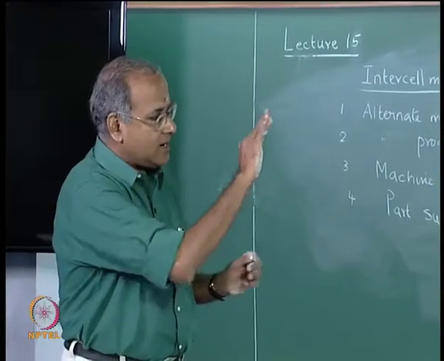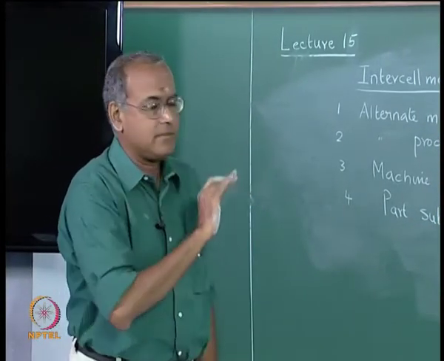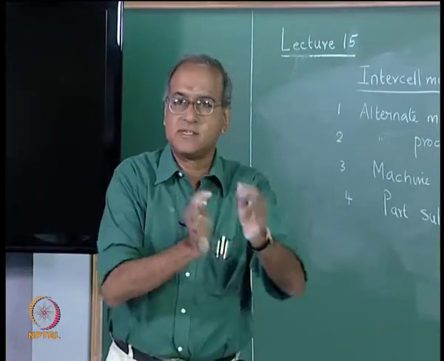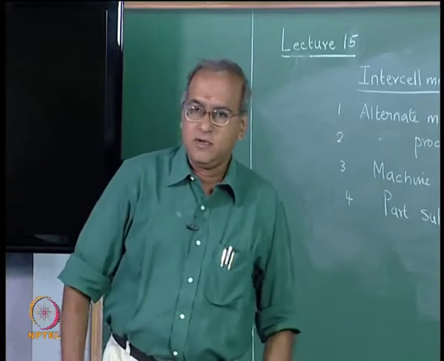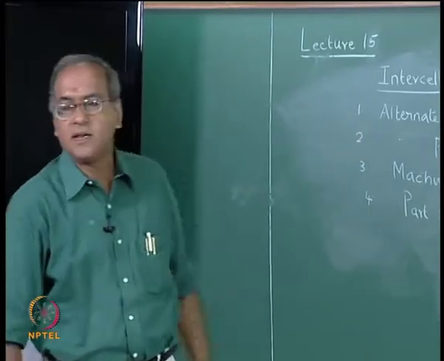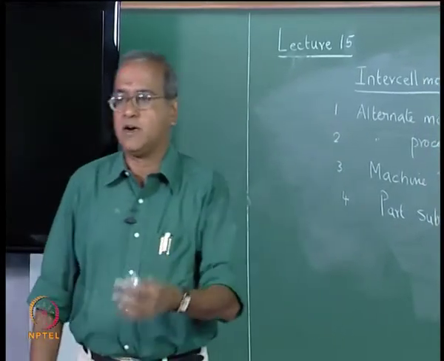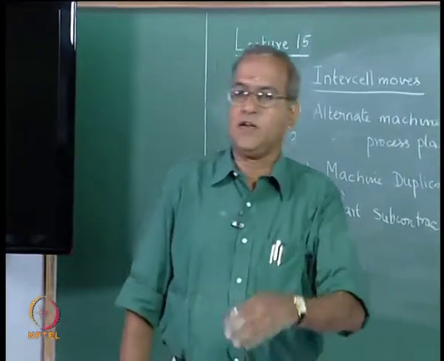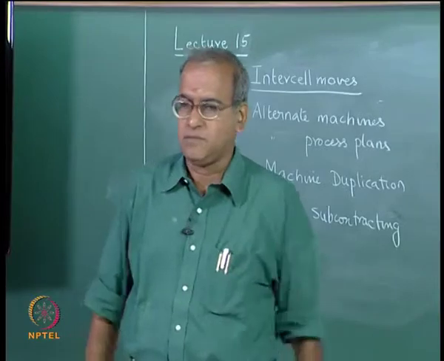Now, let us look at it after we create cells using an algorithm. We assume that this would have been created by using either rank order clustering or a similarity coefficient based method or even a p median based method and so on.